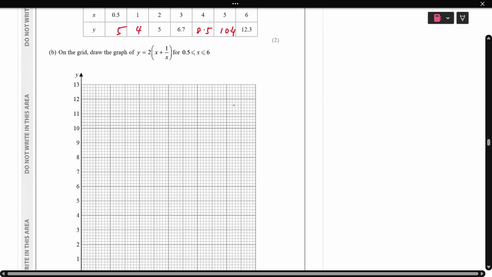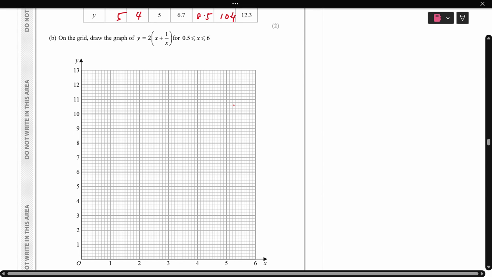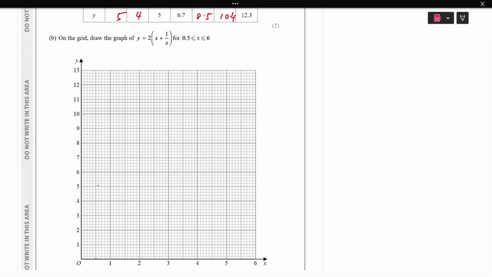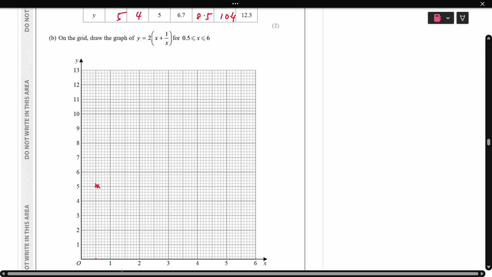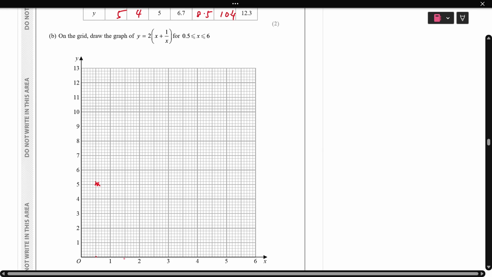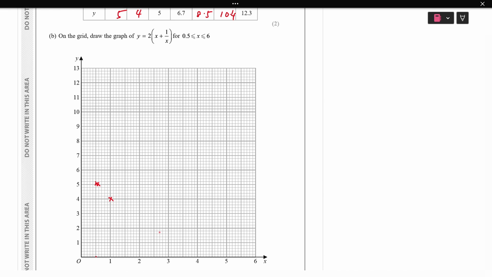First is 0.5, 5. So it is here. Okay, next 1, 4. 1, 4 is going to be here. The next point is 2, 5. 2, 5 again is here.